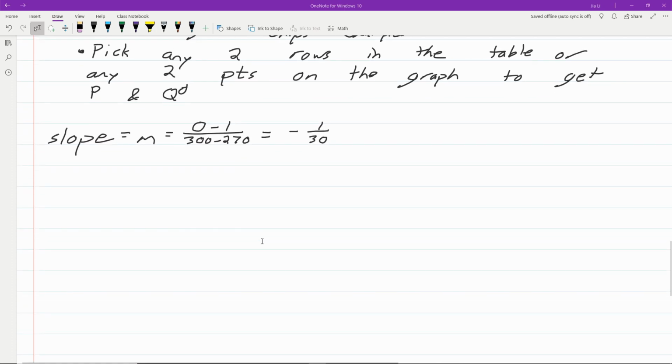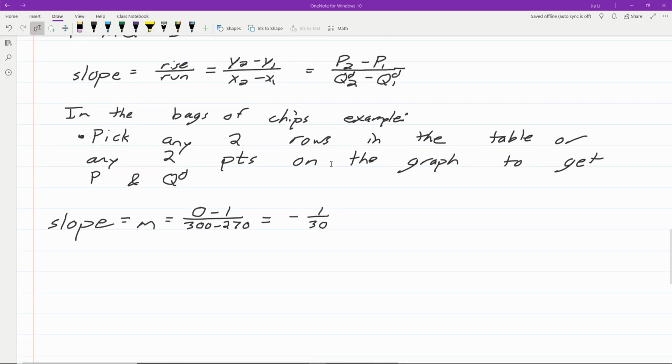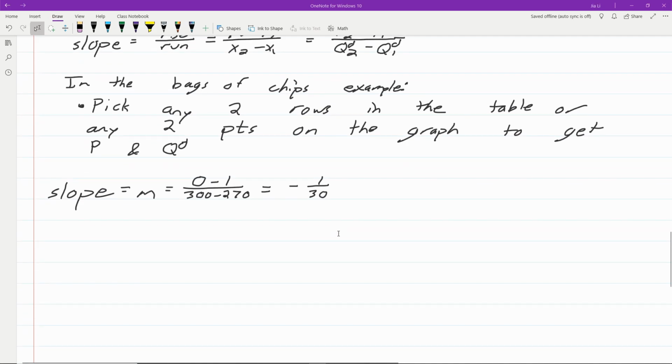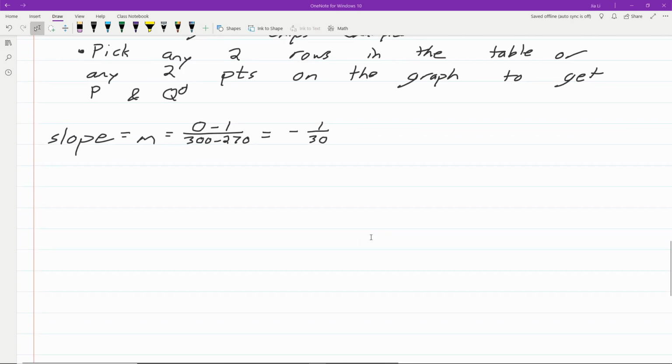no matter which two points you choose. So that's how we get the slope, but how do we get the y-intercept, b, in our y equals mx plus b form? So right now what we have so far is price is equal to minus 1 over 30 times quantity demanded plus b.